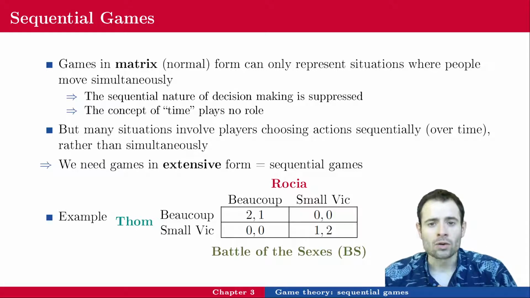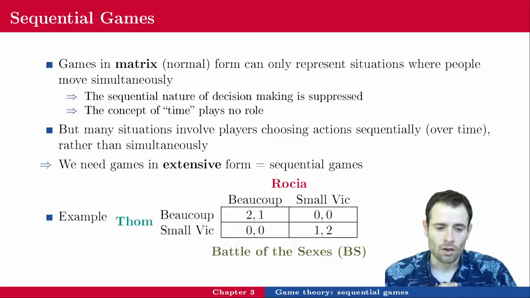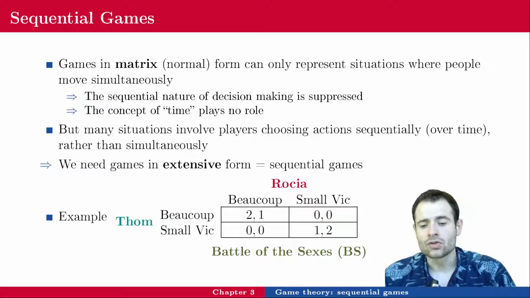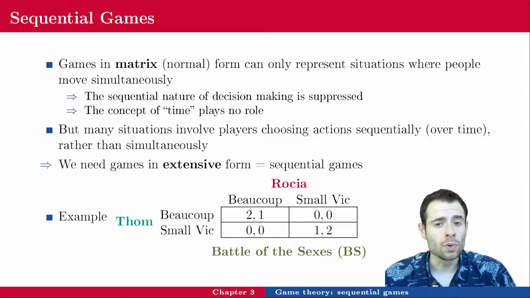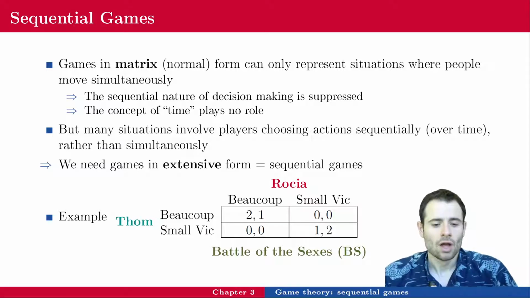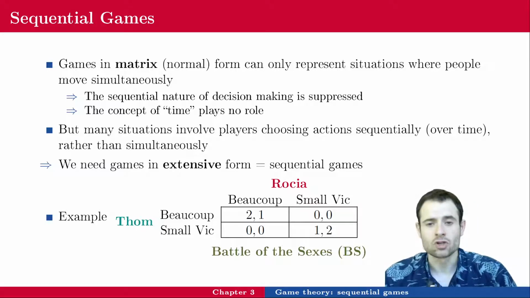Let's go back to our number one favorite game, Battle of the Sexes. We are back with Tom and Rosia, who have to decide whether to go to Beaucoup Bakery or to Small Victory Cafe. Two places I highly recommend in Vancouver. Tom prefers to go to Beaucoup as opposed to Small Victory, just because he prefers the bakeries there.